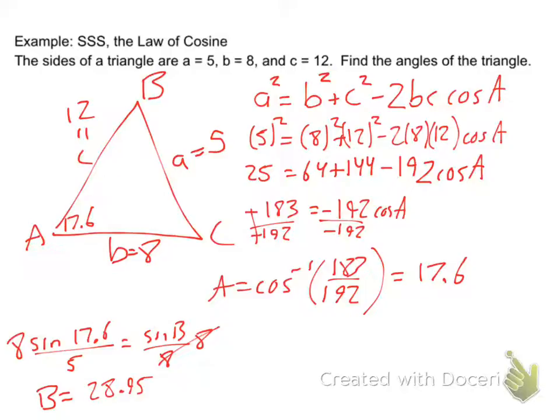This is the law of sines. You have an angle already of 17.6. That leaves you with options. B can be 28.95. That works out wonderfully. But as a reference angle in the second quadrant, that would also leave me with what other size angle? 151.05.